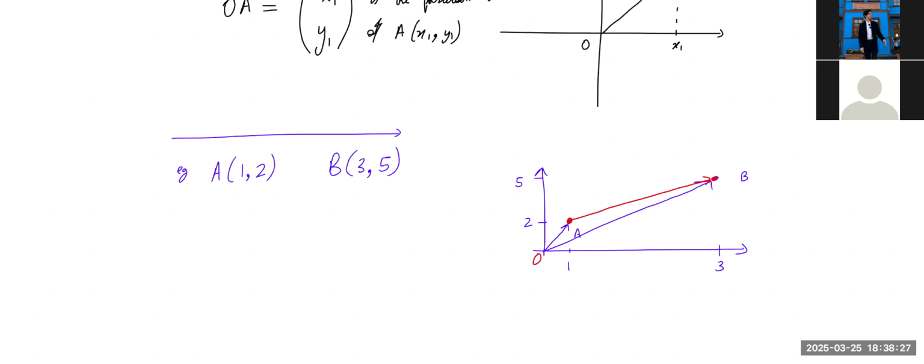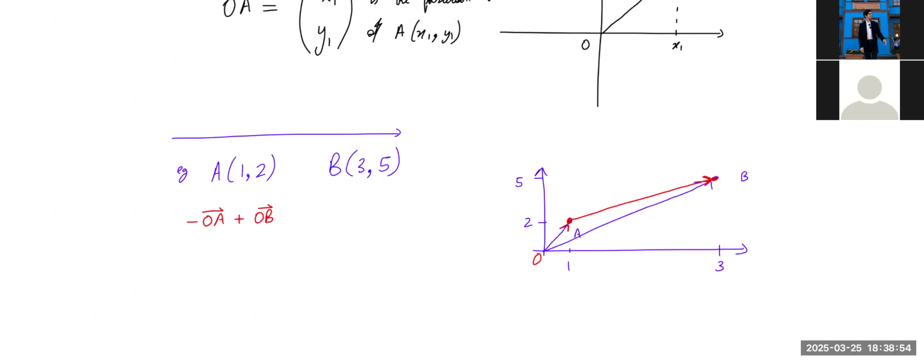Look, if I want to go from the beginning of this red vector to the end of this red vector, then I'll have to first go in this direction, and then I'll have to go in that direction, right? So let's write that down. I will have to do minus OA, which is the position vector of A, and then I'll have to go plus OB, which is the position vector of B. Why am I doing minus OA again? Because I'm going opposite to OA. Remember to start from the beginning and go to the end.